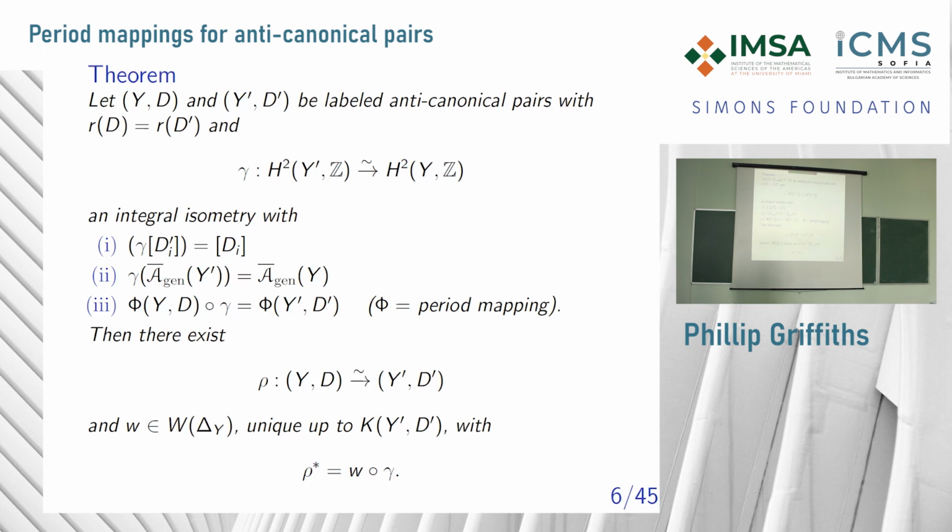It preserves what will be defined to be the generic ample cone. And if the period mapping to be defined agrees, then you can produce an isomorphism of the pairs of the rational surface and anti-canonical divisor. And it's unique up to two things. One is a Weyl group element, and the other is a certain finite group.